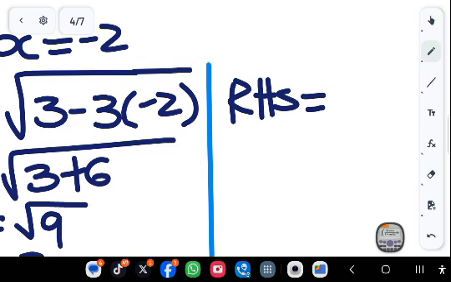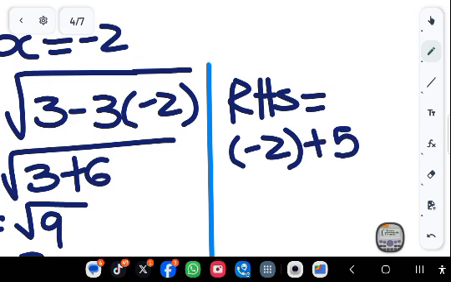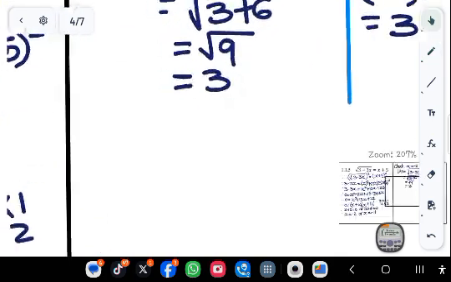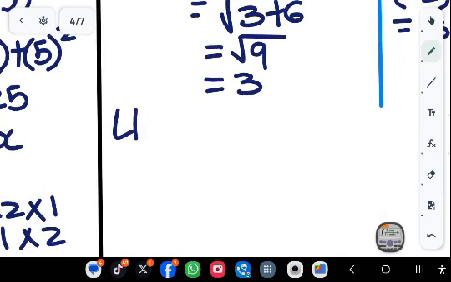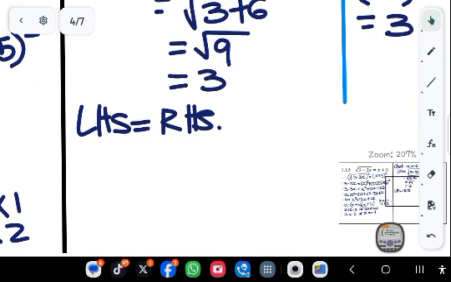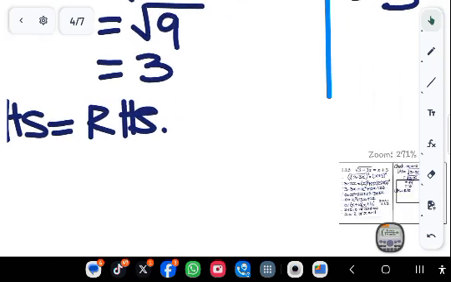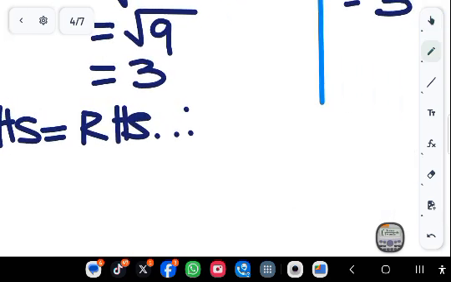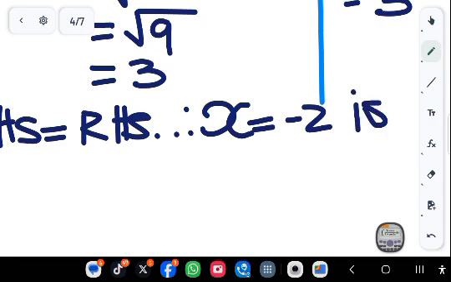That gives us negative 2 plus 5, which is 5 minus 2, which equals 3. Now the left hand side is equal to the right hand side. Therefore, x equals negative 2 is a valid solution.